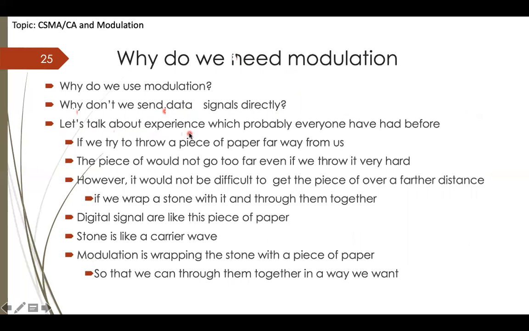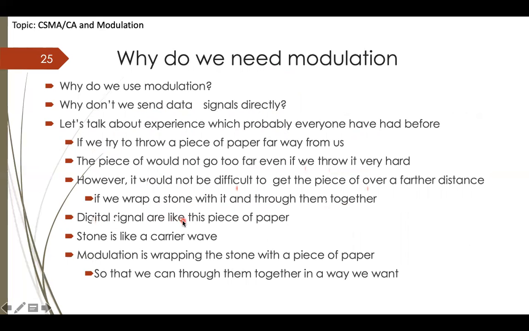Let us talk about an experience which probably everyone has had before. If we try to throw a piece of paper far away from us, the piece of paper would not go far even if we throw it very hard. However, it would not be difficult to get the piece of paper over a further distance if we wrap a stone with it and throw them together.